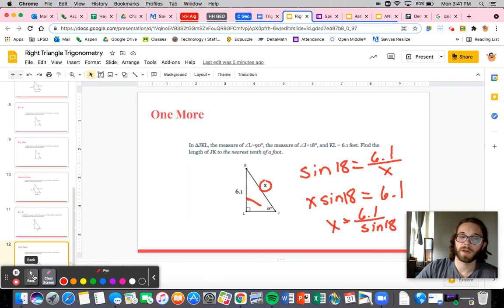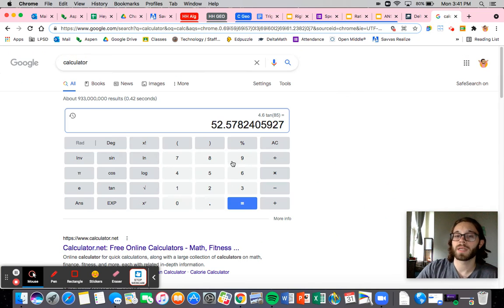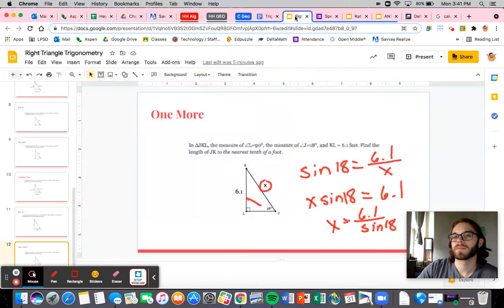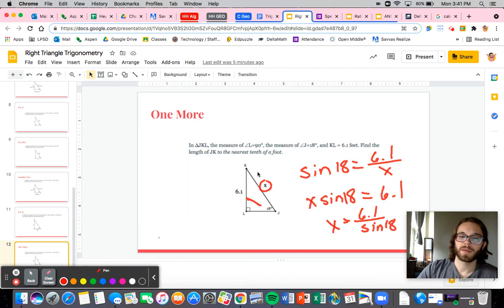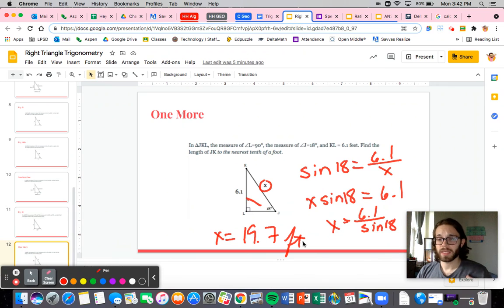Okay, so we're going to plug it in. I'm still in degree mode until I stop measuring in degrees. 6.1 divided by sine of 18 is 19.7. All right, so my x is going to be equal to 19.7 feet.